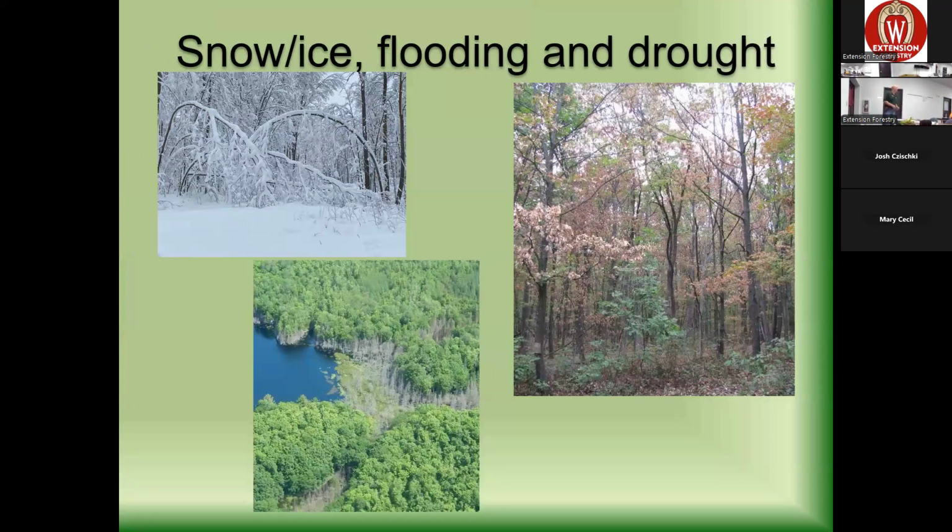One thing I'll say with the hail damage, we've seen it where the signs might not show up right away. I remember one summer up near Hayward, they had a pretty severe hailstorm go through there. And damage was assessed. The trees that were down, the ones that you can see real easily that were damaged, got cleaned up, and then maybe a few weeks later or a month later, all of a sudden, some of the spruce and balsam started to flag, where some of their branches were just starting to brown.